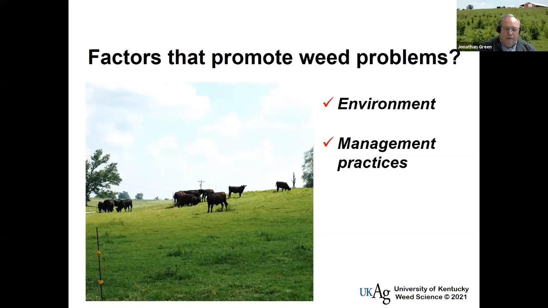As well as dry years versus wet years, the type of weeds that might persist in a given season can be impacted just by the more annual changes in the weather cycles that we have. But probably the bigger category is those management practices, and those are the things that we do or perhaps don't do, and how they may impact the vegetation that exists on a lot of these landscapes. And I want to try to delve into that a little bit more here in a few moments.